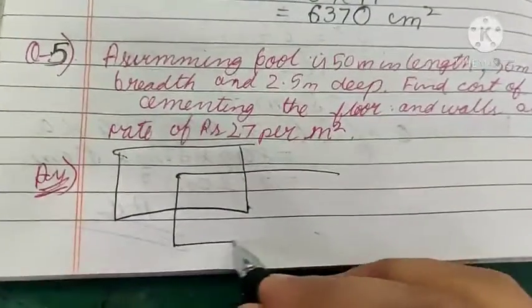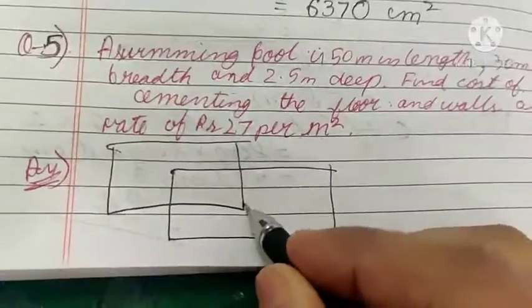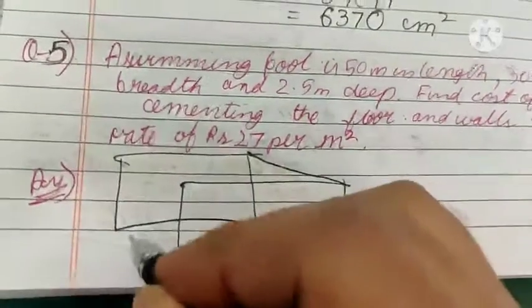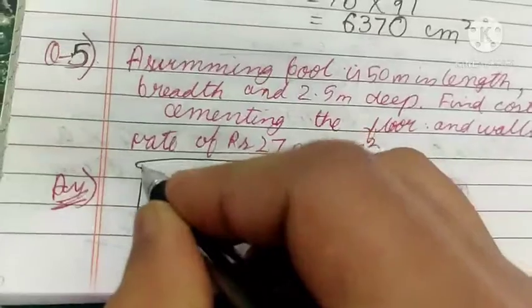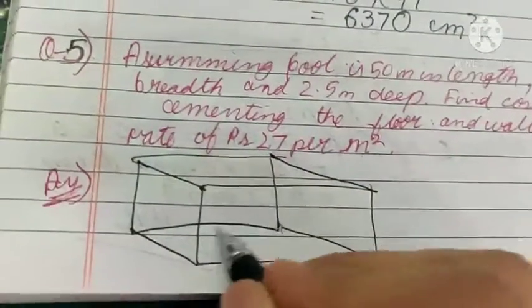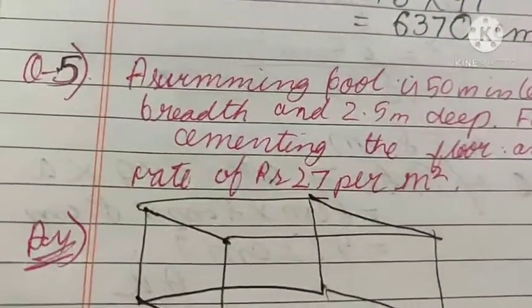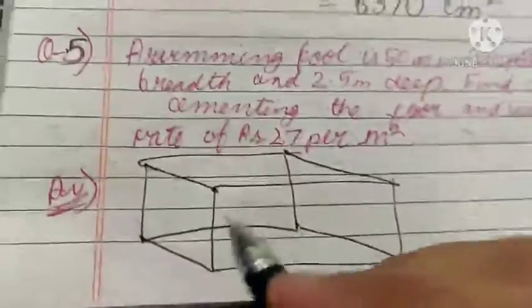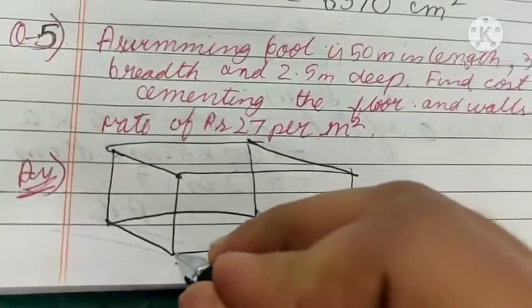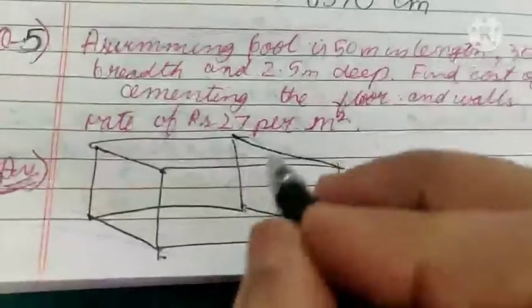This is our swimming pool, like an open shoe box. The cement has been put on the inside 4 walls and the base, not on the top. Top is open, from where we go inside. So on these 4 walls and the base, the cementing is to be done.